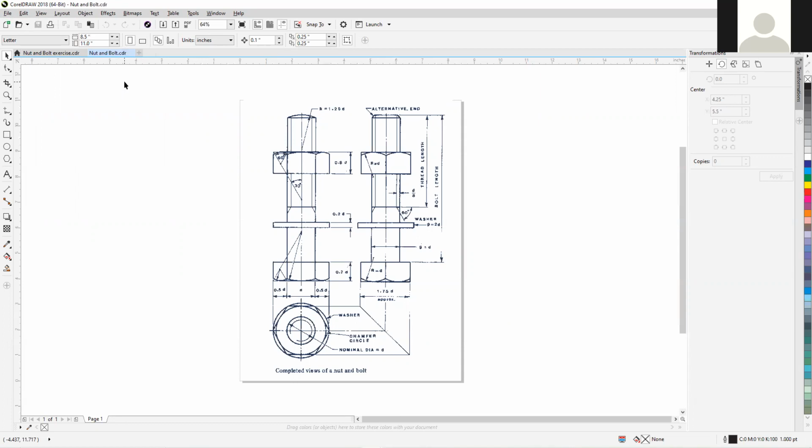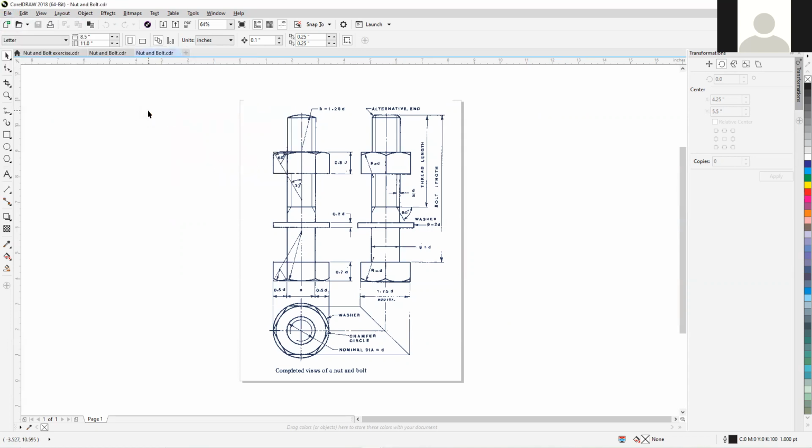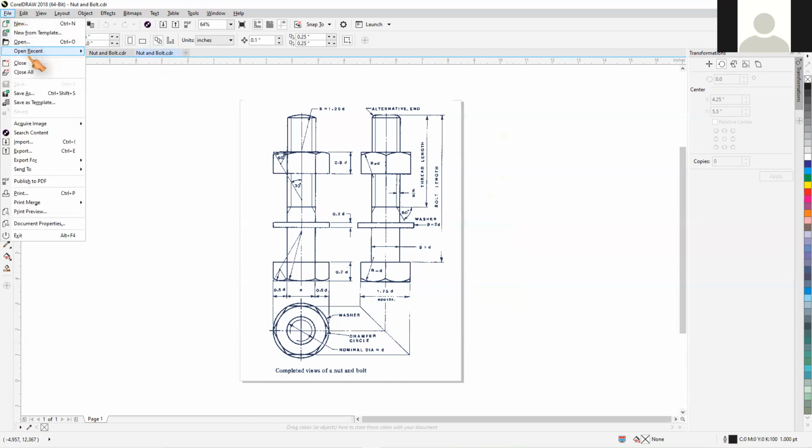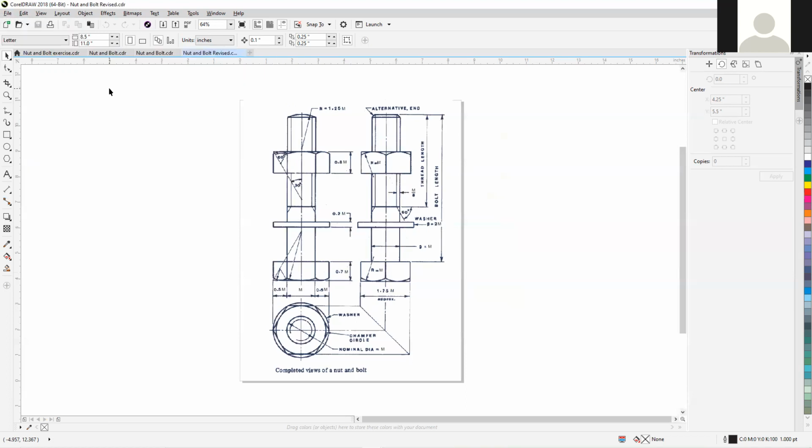I'll check back on that and send it to you later, because I think you all will need this one also. Let's see, nut and bolt, nut and bolt. Let's see if it's this one. Nut and bolt revise. It had to be this one.